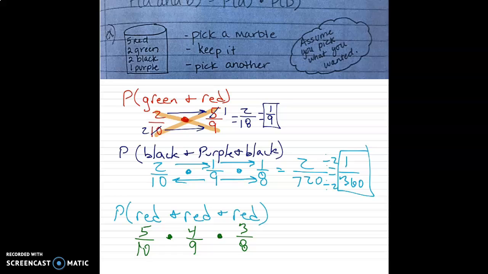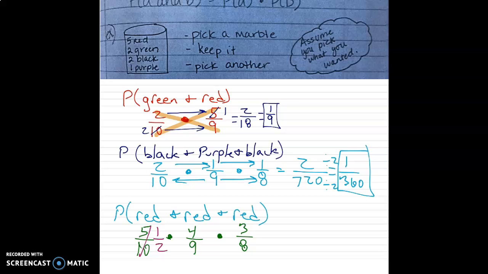Now we just multiply. This is where cross-simplifying will help you a ton. Let's look and see what we can simplify. Actually, let's just think about 5 out of 10. What's that the same thing as? Isn't that the same thing as a half?